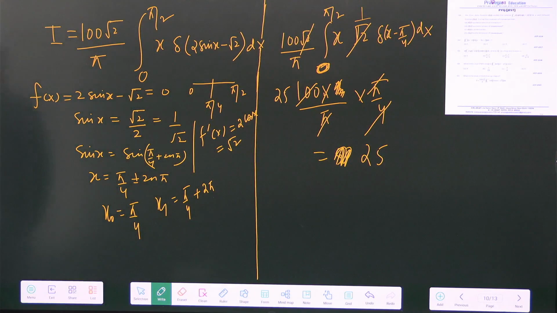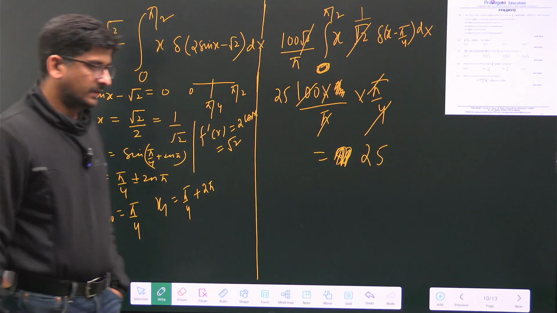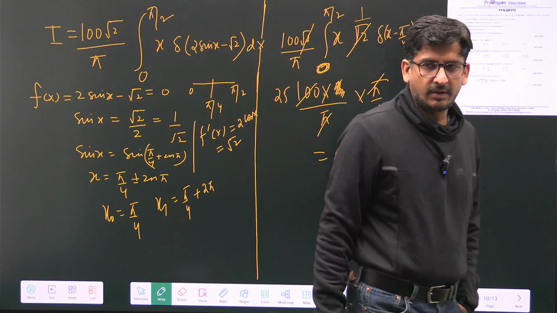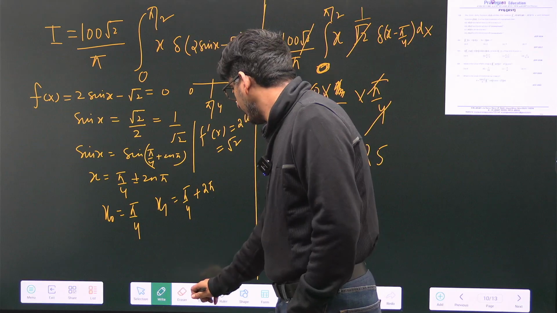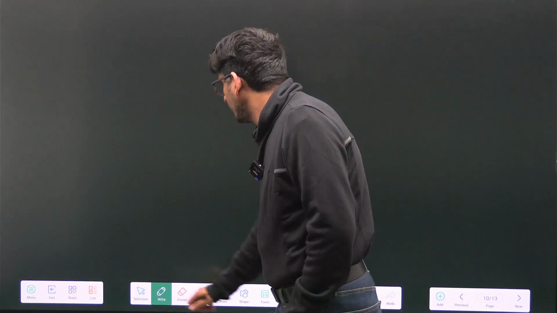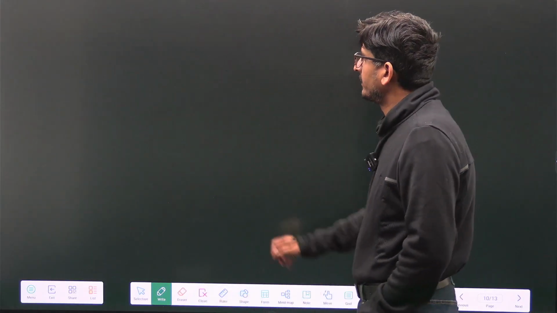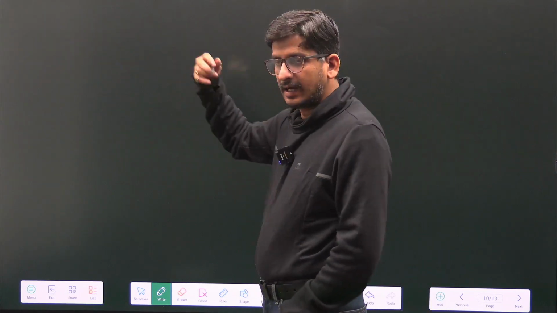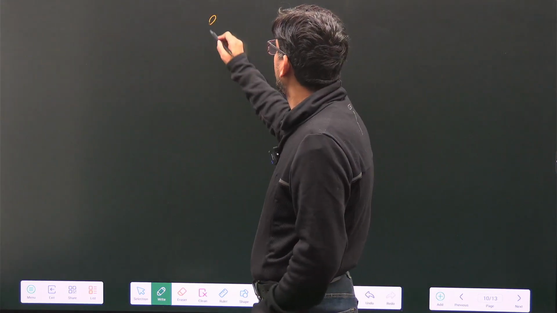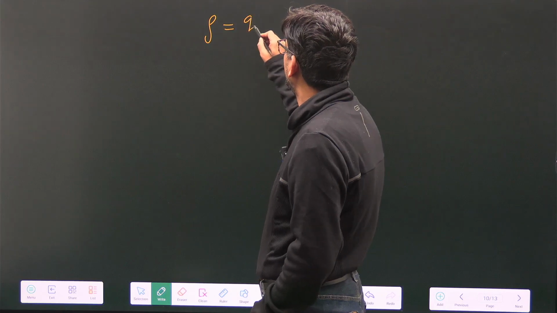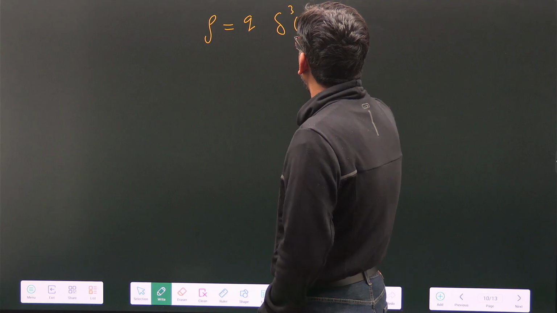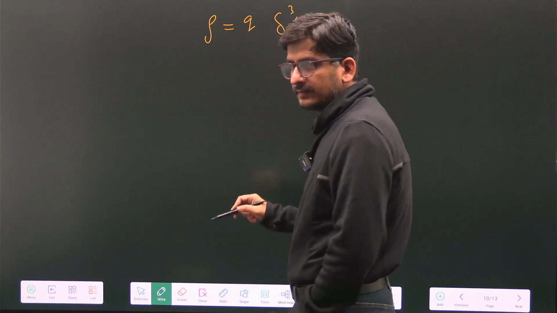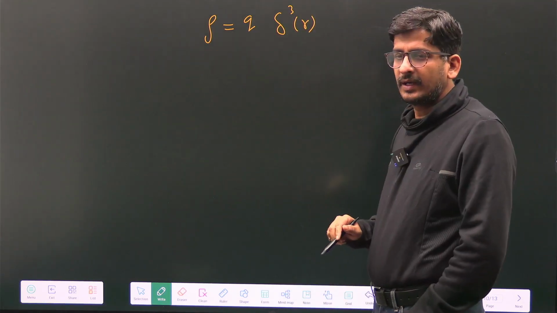So these are some questions. Now you have an idea of how to do it. This is the basics of the delta function. And keep this in mind: whenever you write a quantity with a delta function, the resulting answer should come out right. For example, if you are writing charge density, suppose the charge is q, and you are writing here a delta function, delta of r bar, in the form of a delta function.